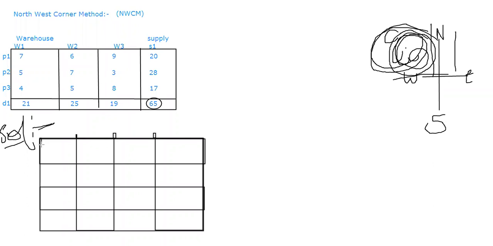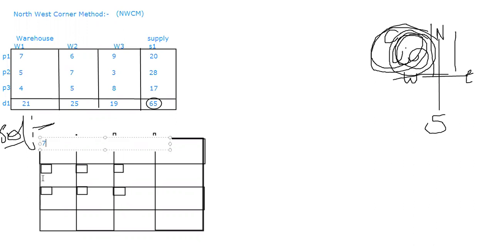So how I'm going to put it is, in these small boxes I'm going to place the price. For 3 products we have prices, and 3 warehouses we have prices. So here I am assigning the prices in these small tiny boxes, not in the demand and the supply boxes, only in the warehouse boxes. First, after assigning the prices, I'll go for assigning the quantities. So what is the first price here?